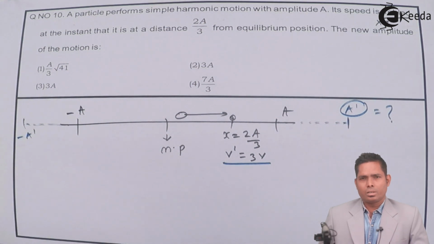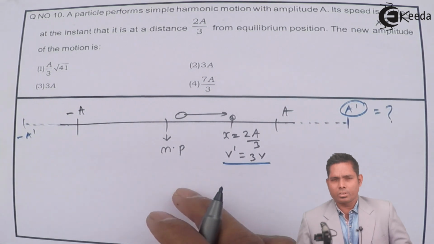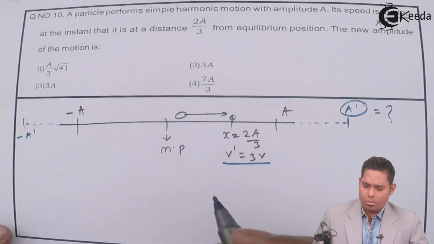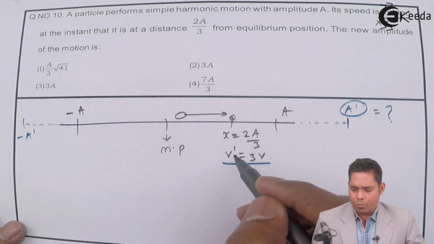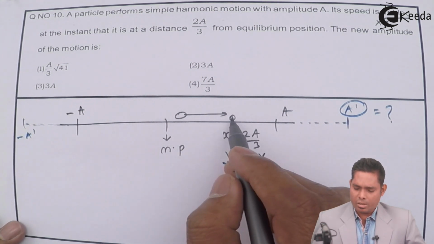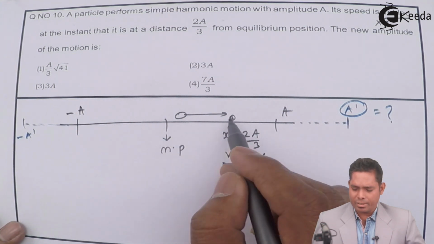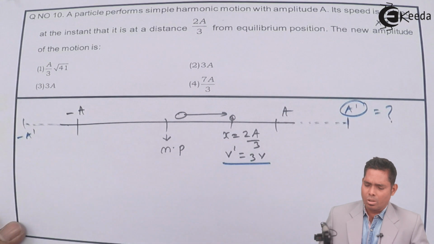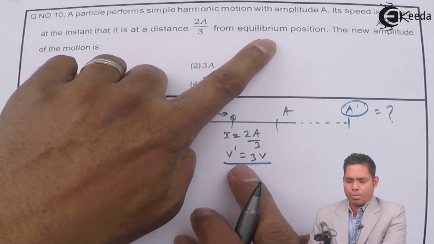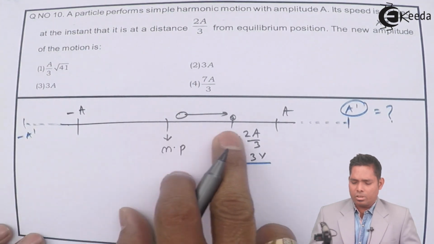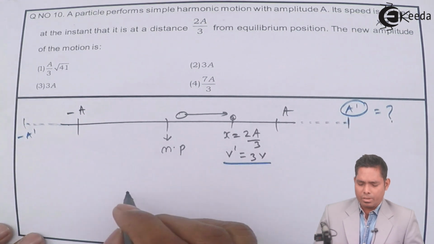To find this, we'll use the speed equation, the velocity of the particle as a function of x. In the first oscillation, before the speed was increased, at a displacement x equals 2a by 3 from the mean position, what is the velocity?